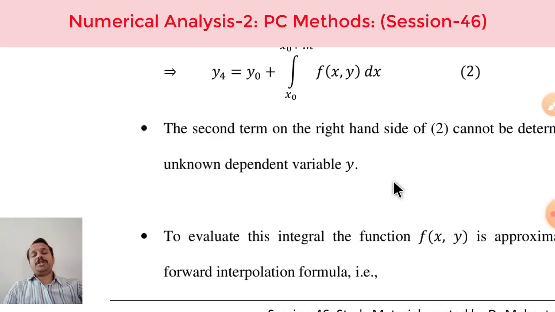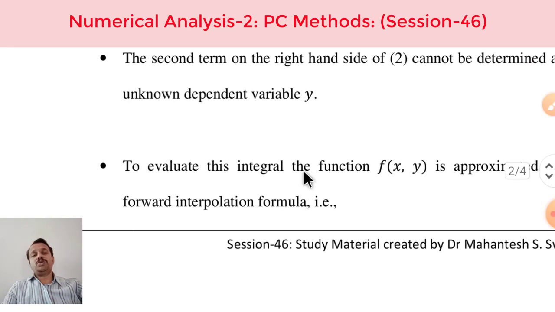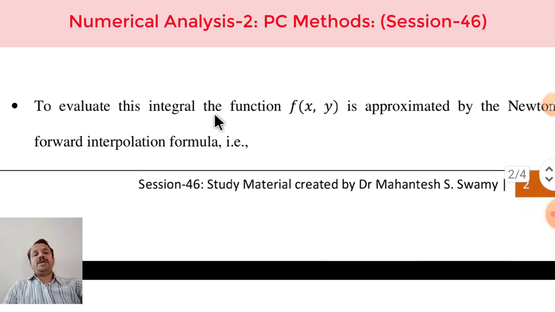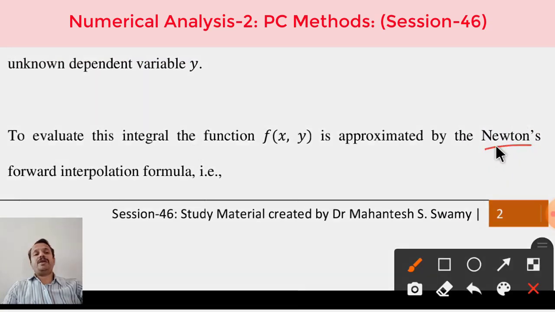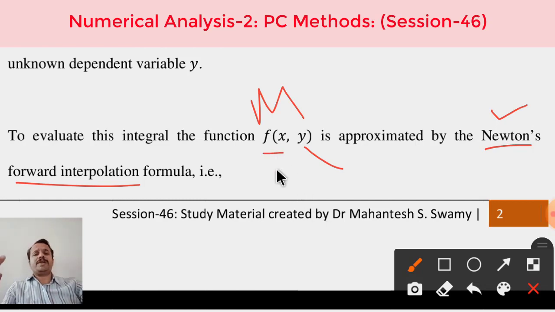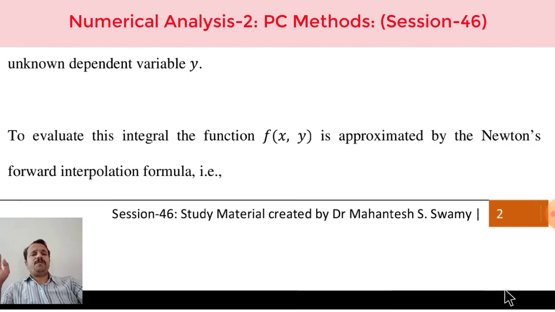The interpolation formula we are going to use in Milne's method is Newton's forward interpolation formula. Very important, please try to remember this. We will use Newton's forward interpolation formula to approximate this y, and ultimately it will be an approximation for f of x comma y. There is no confusion with that.